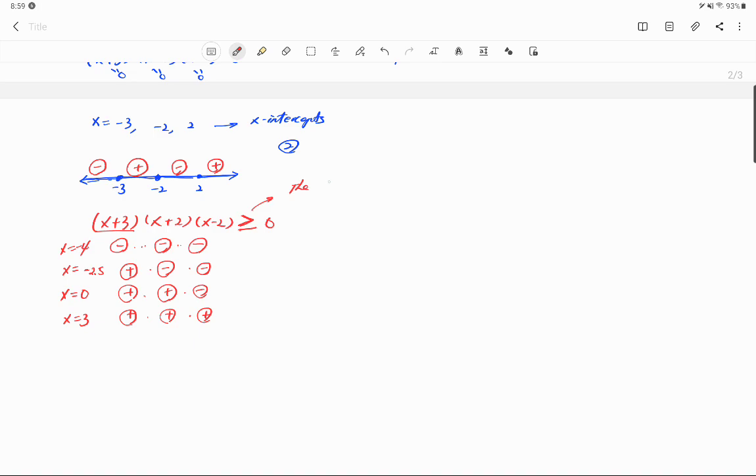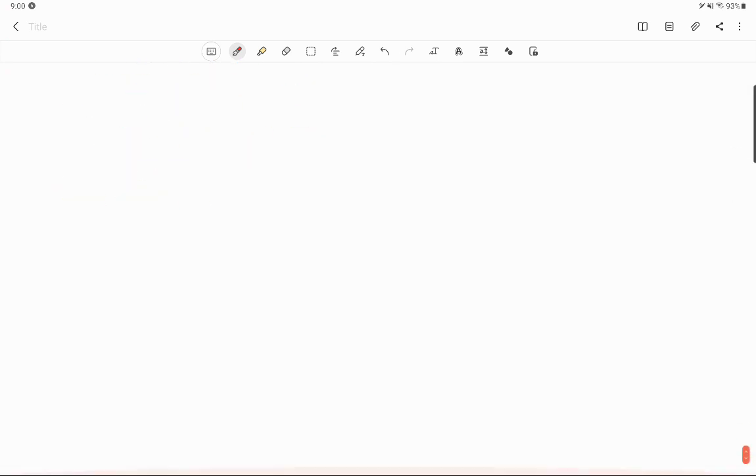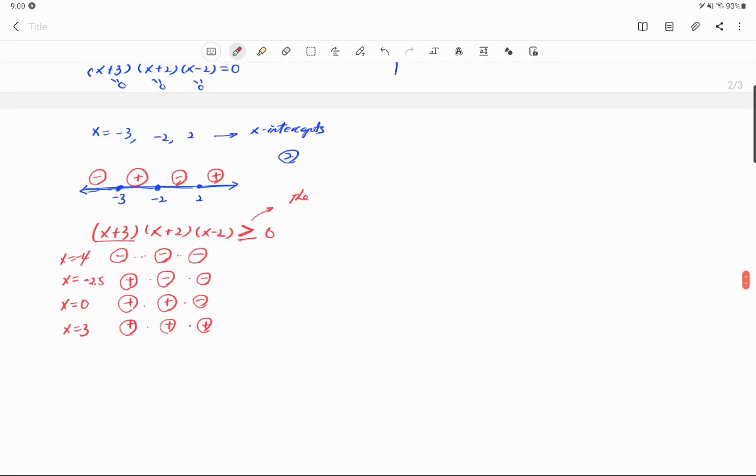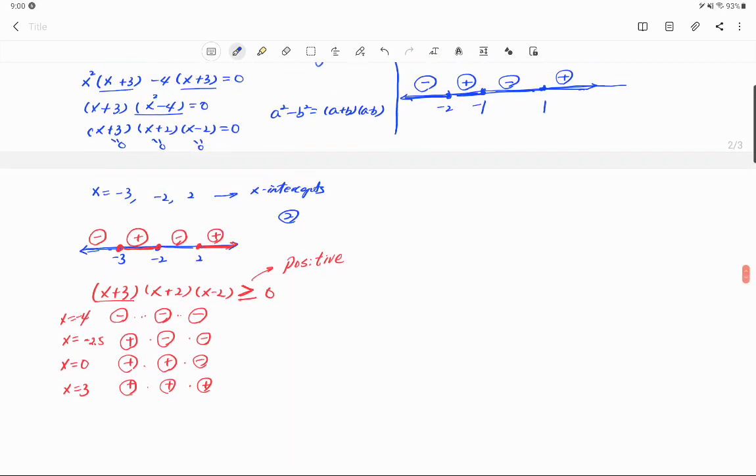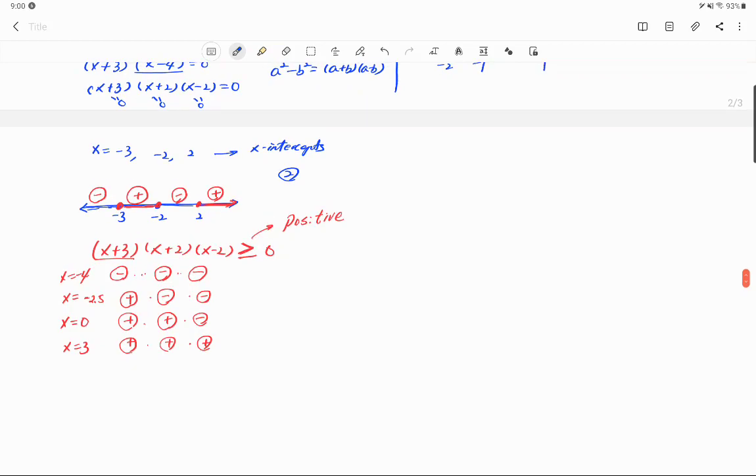So we are looking for the interval where the y value is positive, because this expression is greater than 0. The positive is this area, including the endpoint all the way to this one. So this interval contains positive y values.